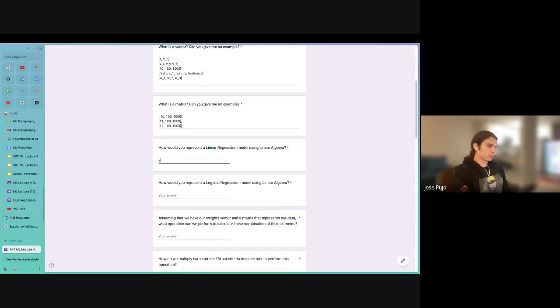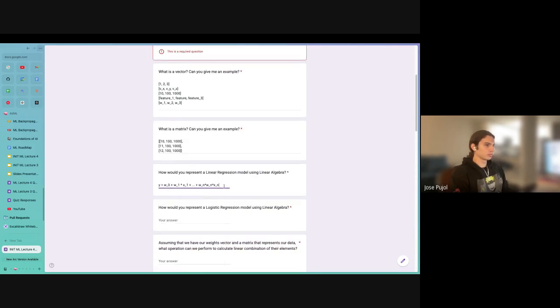So your regression model would be y, and then I would just write w0, also called the bias, plus w1 times x1, and so on and so forth, up to wn times xn. Now this looks like something that I've mentioned before. What is this?